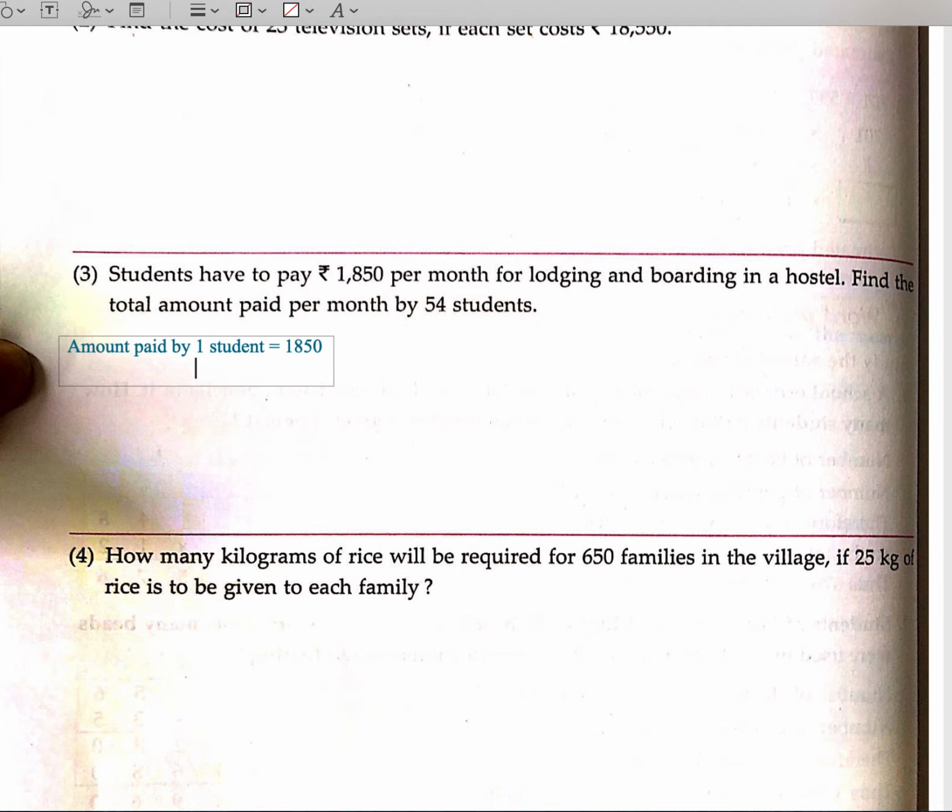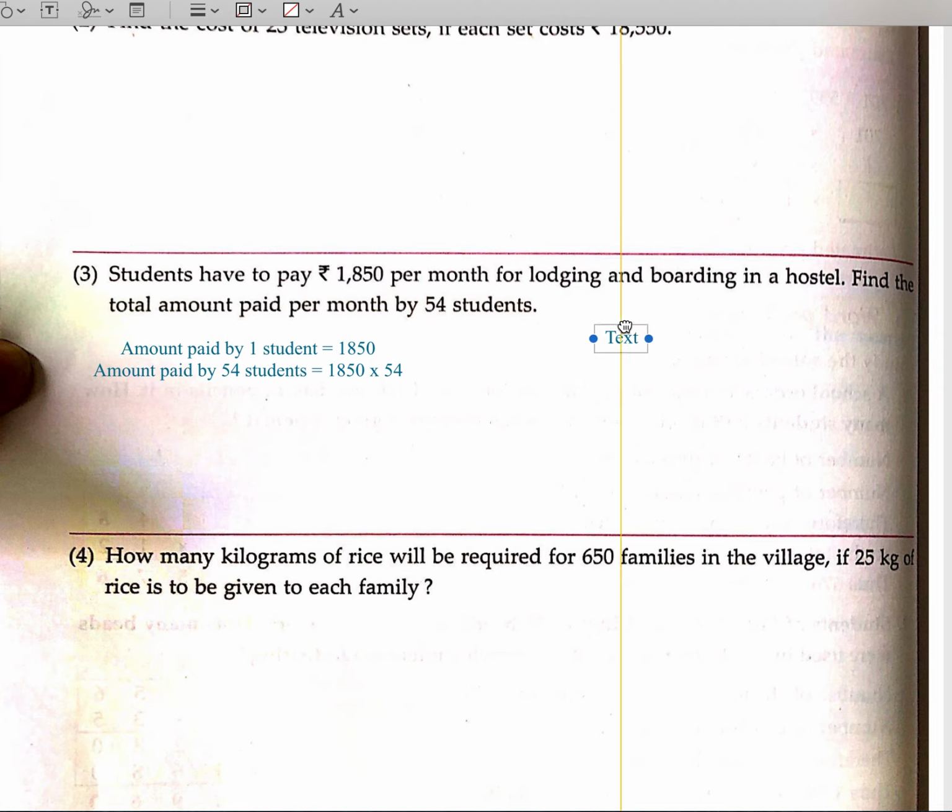Now next will be: amount paid by 54 students, which is equal to 1850 into 54. So now we will perform the multiplication. 1850 into 54.